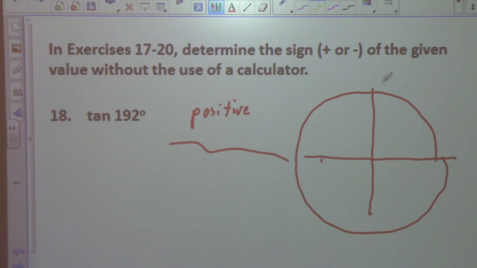You've got to remember 90 degrees up here, 180 degrees over here, and 270 over here. And then last thing, this will be 0 or 360. So what you can do is look at this, where is this located? Well, it's going to be in here because it's between 180 and 270.